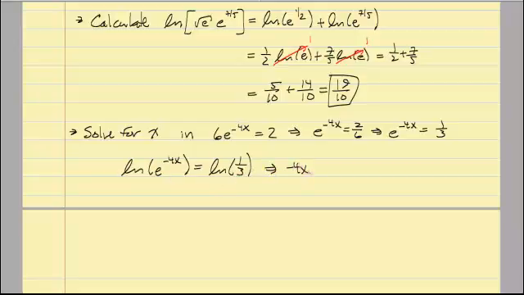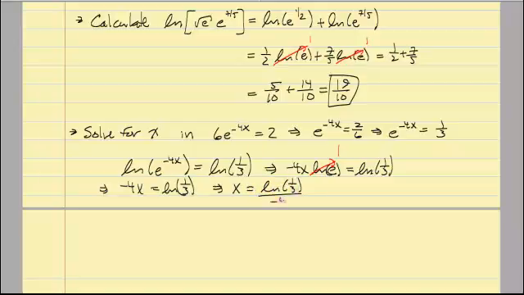Now over here on the left I can pull this negative 4x out front, and I'm left with negative 4x natural log of e equals natural log of 1/3. And of course this is showing up again, the natural log of e is 1. So I'm left with negative 4x equals the natural log of 1/3. Solving a little further, I have x equals the natural log of 1/3 divided by negative 4.